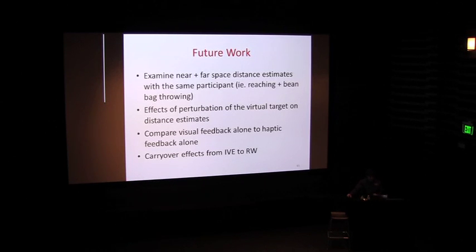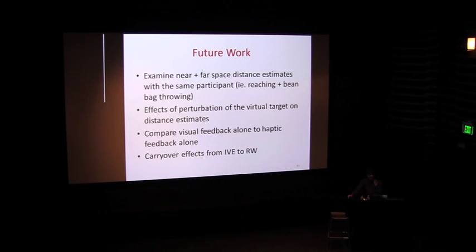Effects of perturbation of virtual target on distance estimation. So we want to look at, say for example, if you have a gain factor where, for instance, you have haptic feedback to the target at some range as compared to the visual target being at another range. Do you then calibrate to the location of the visual target, or do you calibrate to the location of the haptic target?